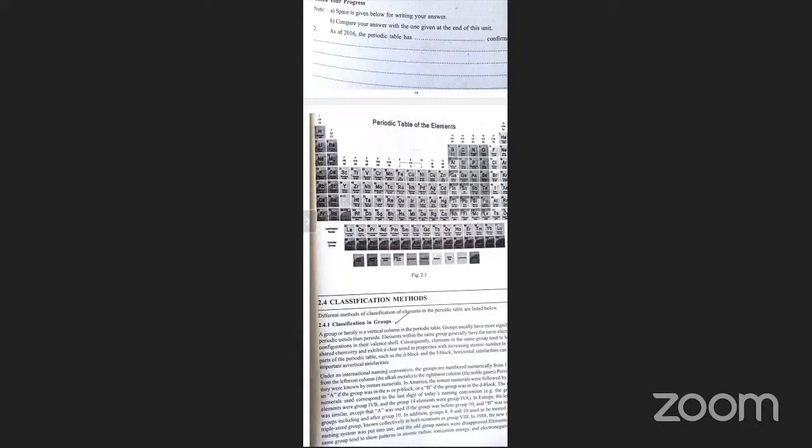And classification of blocks: it is classified from left to right as F, D, P blocks in a periodic table. The specific regions of the periodic table can be referred to as blocks, a recognition of the same sequence, and each block is named according to the subshell in which the last electron notionally resides.